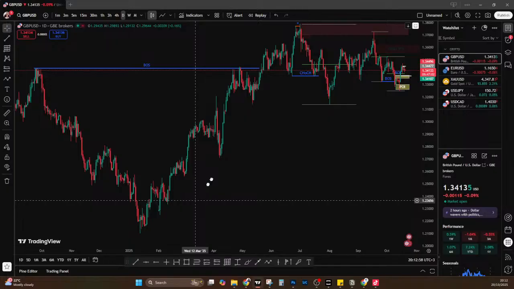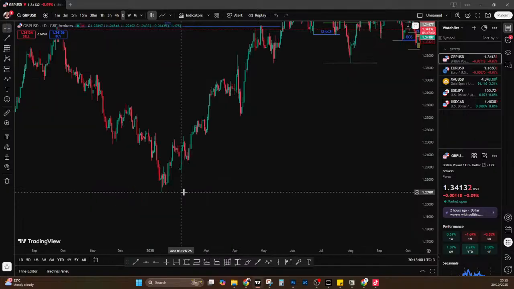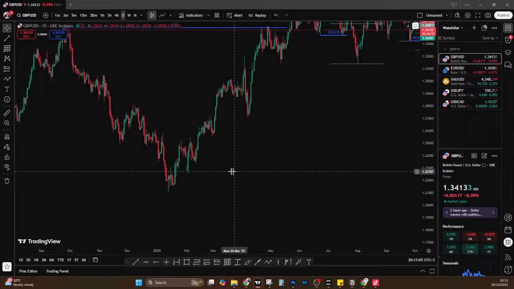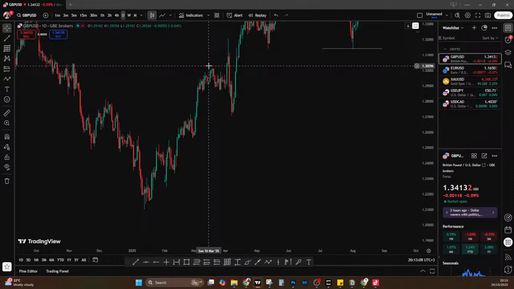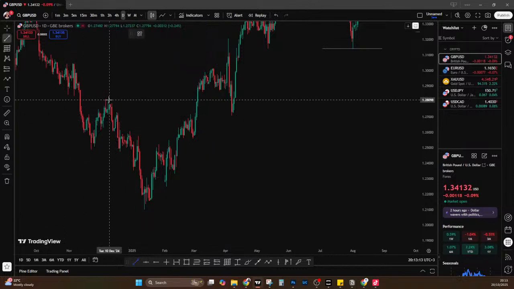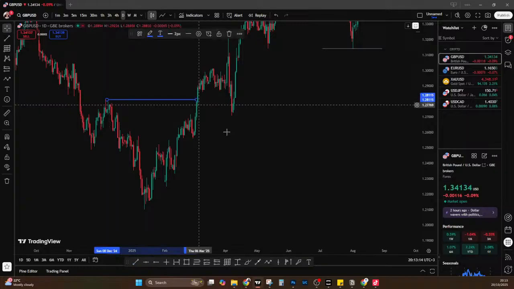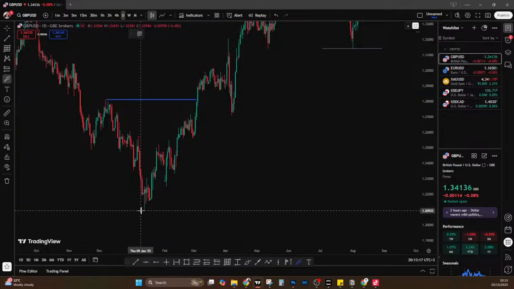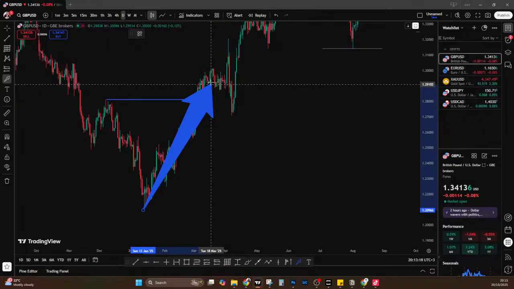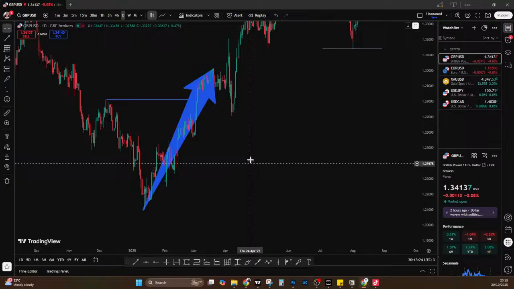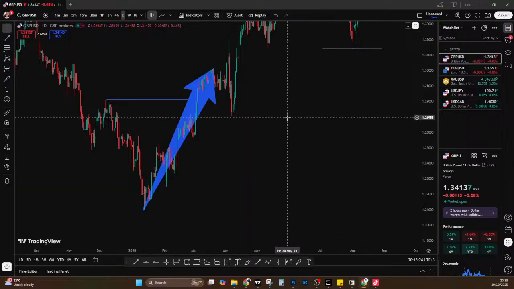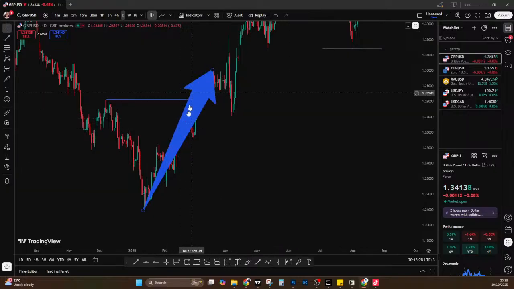So from this point to, let's say, this point here, because this is what broke structure here, so this is that move from here to here. So for us to get a perspective of the next move, we will need to look at this.